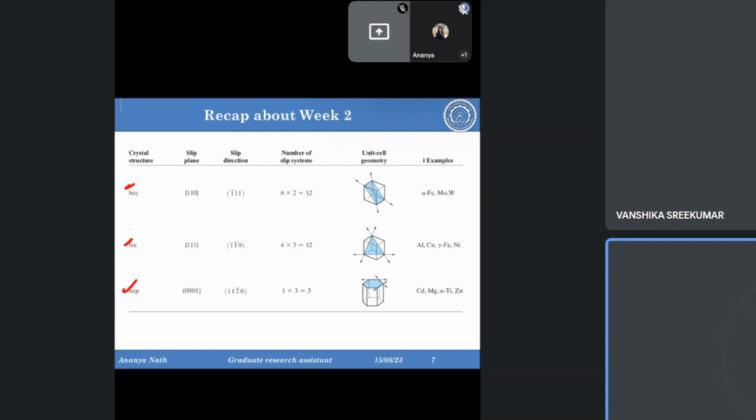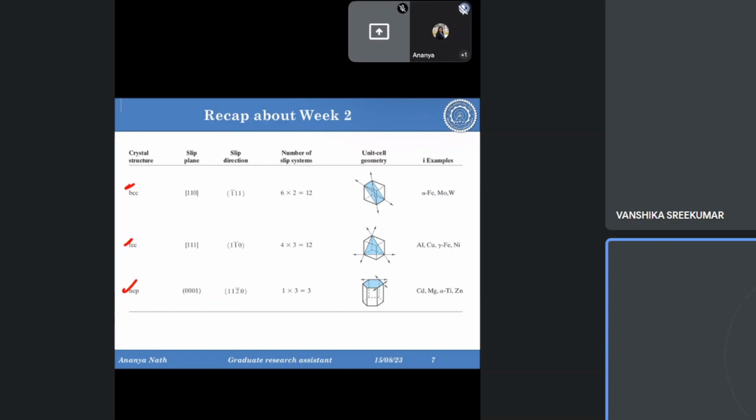Active means whenever you apply some temperature or external force, along those active slip planes only the dislocations will start moving. After that, the other slip planes will allow the dislocations to move, and the number of active slip planes is more in FCC.